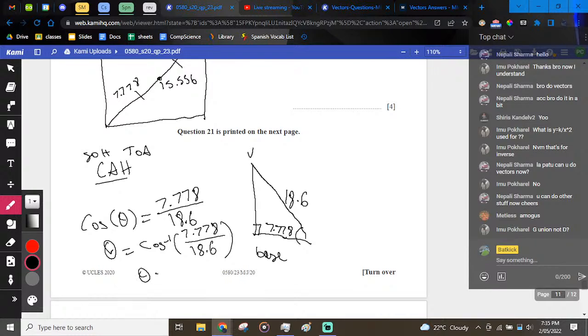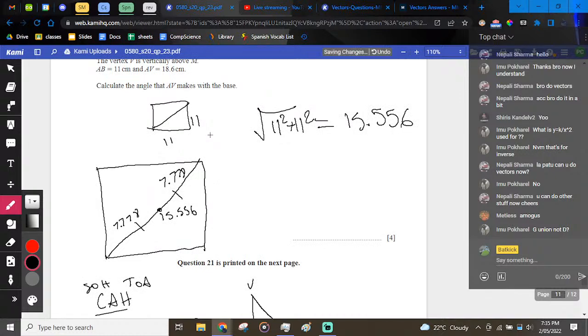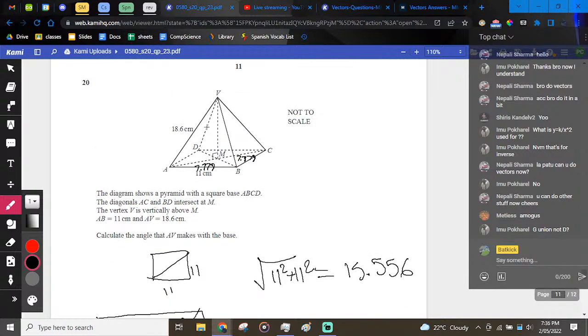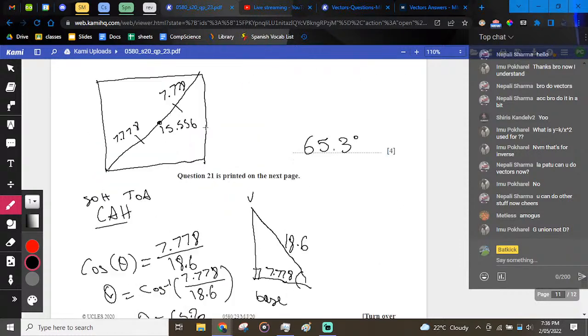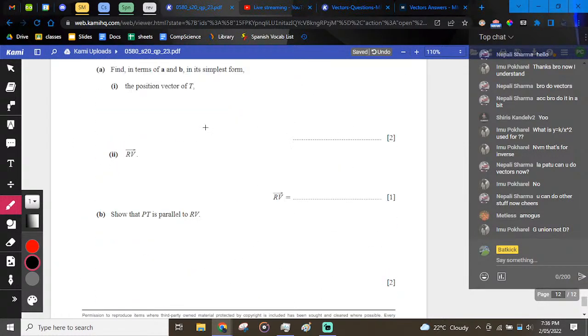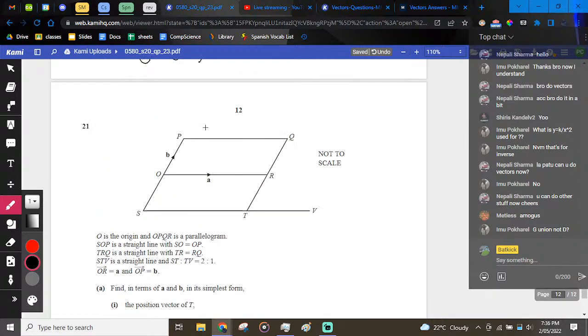The angle is 65.23, let's say, round off, 1 decimal place for angles. The main idea here is you gotta visualize it and then it'll work.